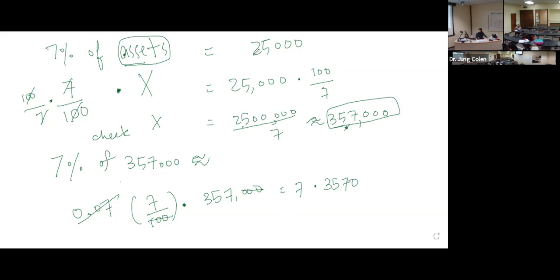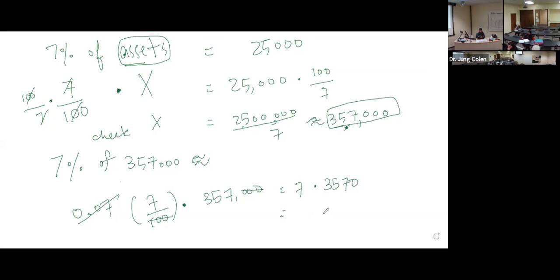Is that about 25,000? It should be a little bit different because we rounded it here. It should be close. What's 7 times 3,570? What do you get? Let me use my calculator.